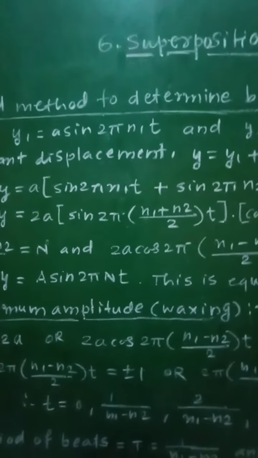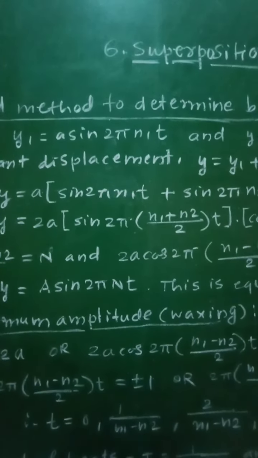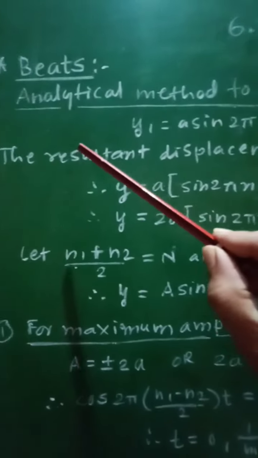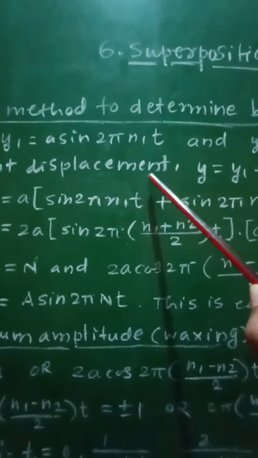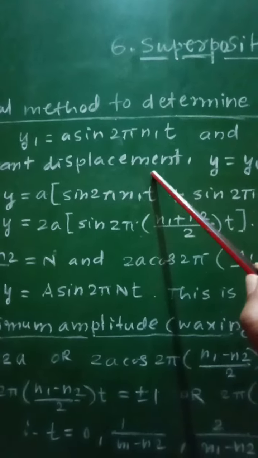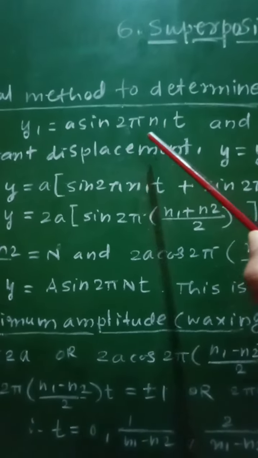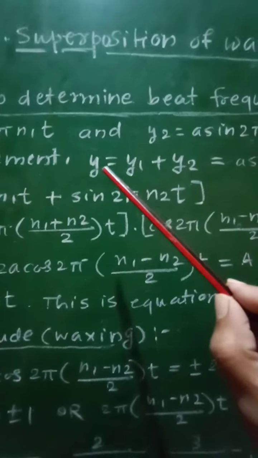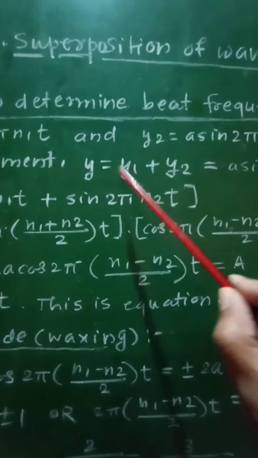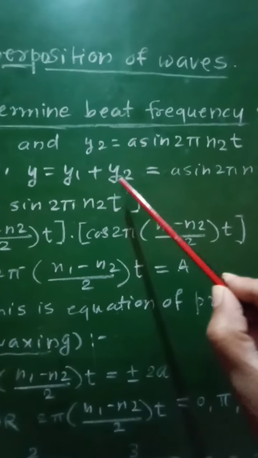Now as soon as the superposition between these two waves, that is mixing of two waves, takes place, the resultant displacement will be the sum of the displacements due to these two waves having displacements y1 and y2. Therefore resultant displacement y is equal to y1 plus y2.